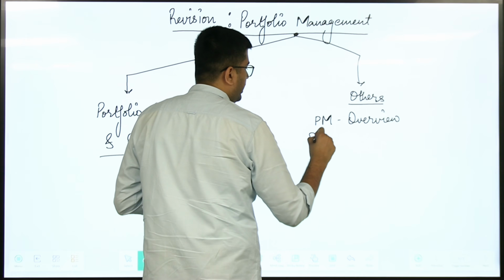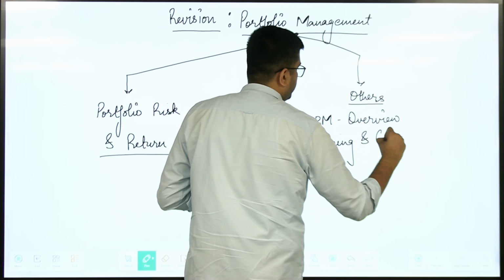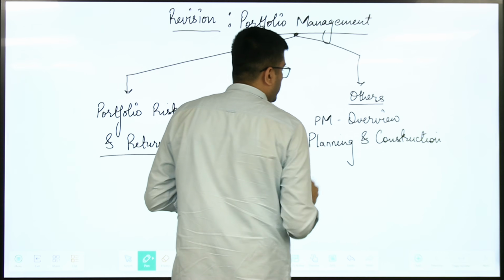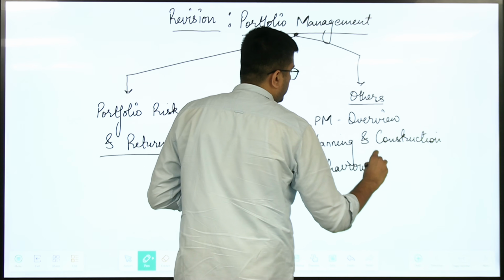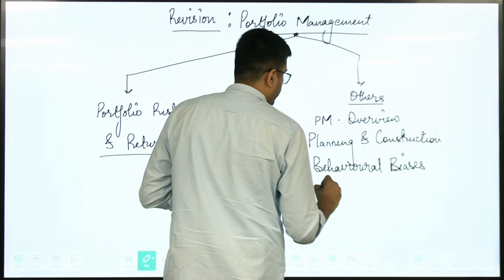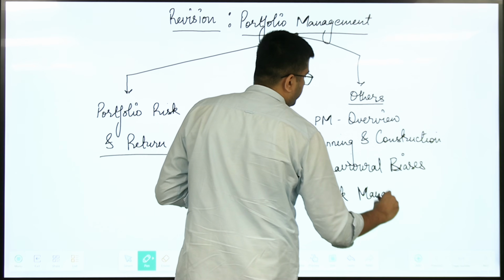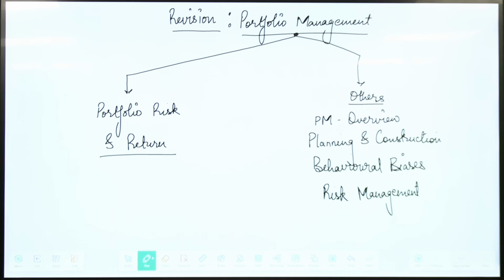We have portfolio planning and construction. Then we have behavioral biases. And lastly, risk management. So 6 topics in total, covering the entire discussion of portfolio management for CFA Level 1.